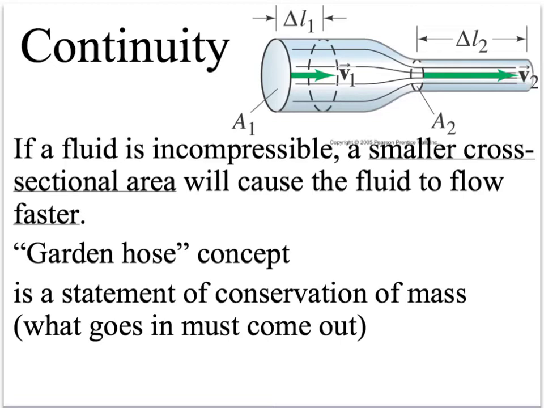The principle of continuity says that if a fluid is incompressible, now incompressible means that the density of the fluid does not change. So rho is constant. The idea here is that there are some fluids, most gases in fact, that you can squeeze together and take their same mass and put it in a smaller volume, and you can change their density.